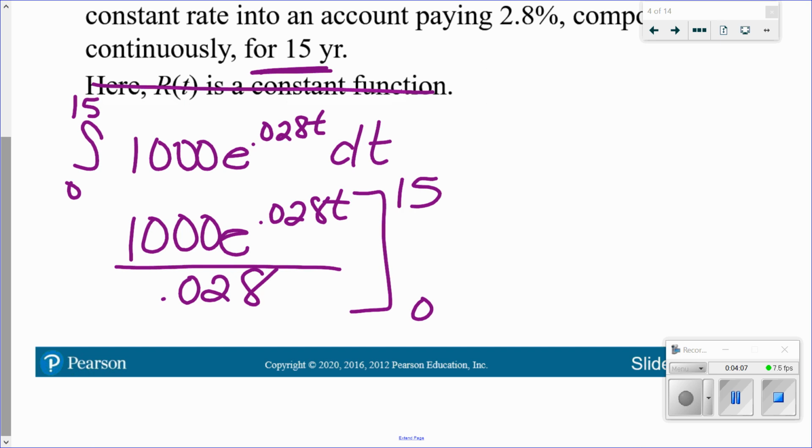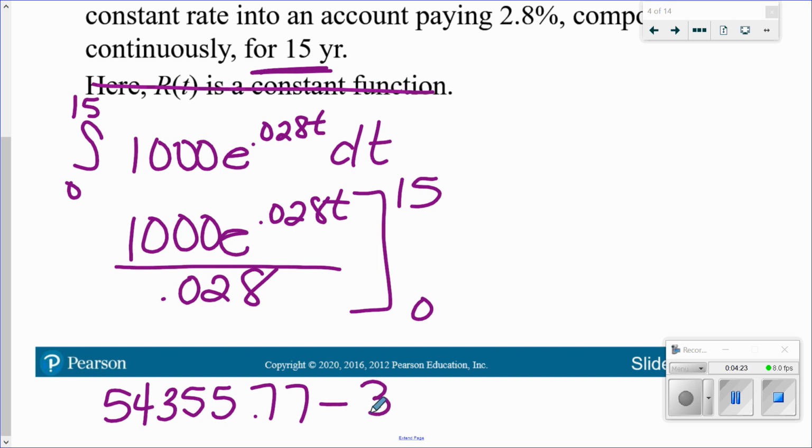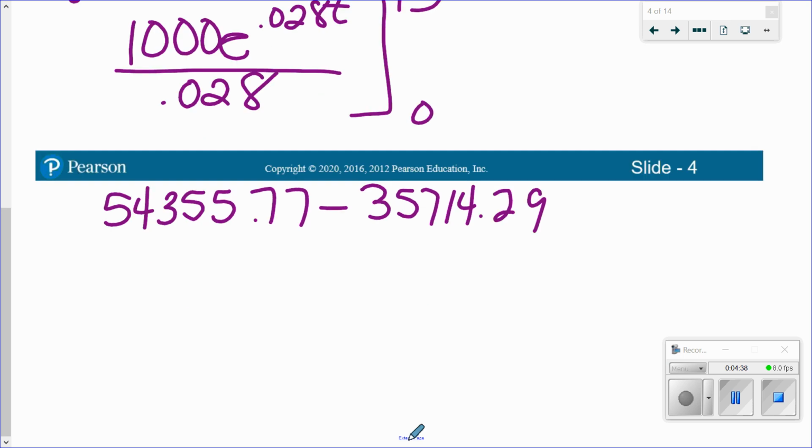Okay, so for 15 years, we get a value of 543,555.77. And for 0, we get 357,14.29. Okay, and then if we go ahead and subtract those, we get 18,641.48.